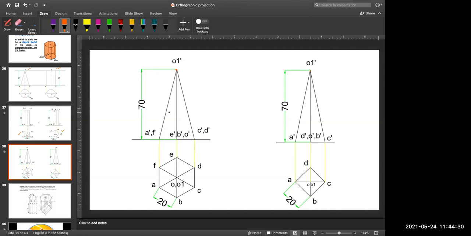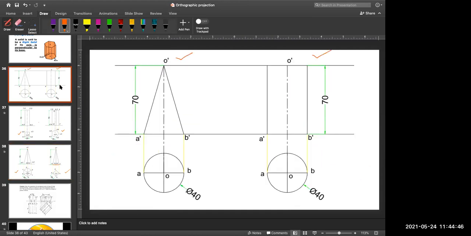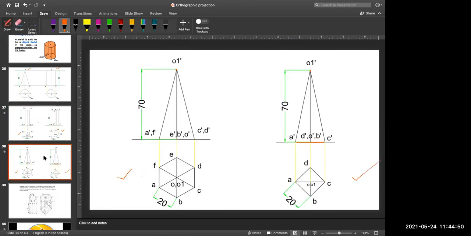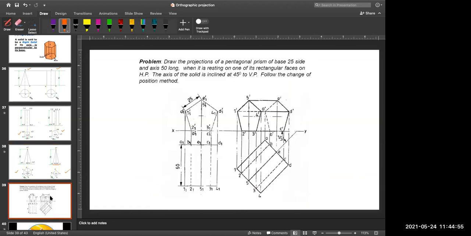So this is a hexagonal pyramid, and this is your square pyramid. At the base there is a square, and all the vertices are connecting at this vertex point. So these are the solids of revolution, this is polyhedra prism, this is polyhedra pyramid.